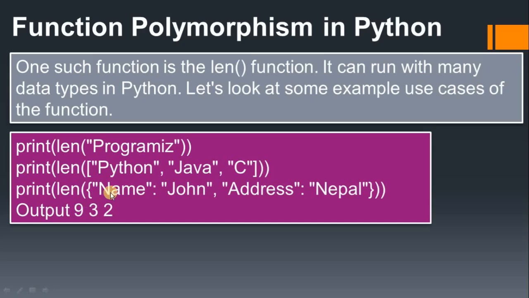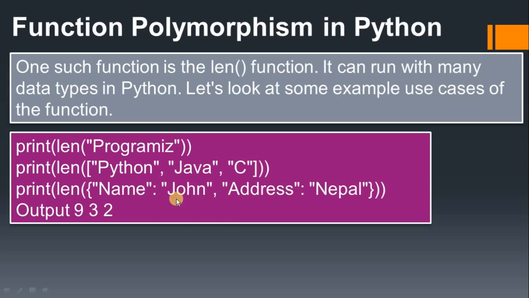In the third one we have used a different format. We use curly braces, and within them you see name colon John and then address colon Nepal. This syntax is the same as the dictionary that you have learned.